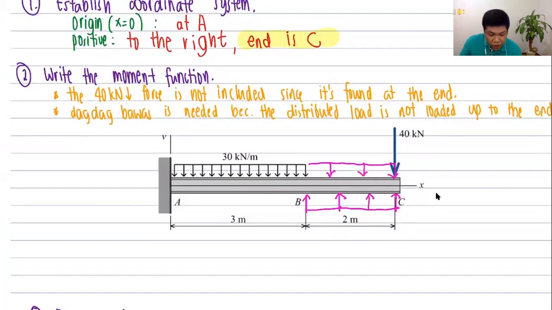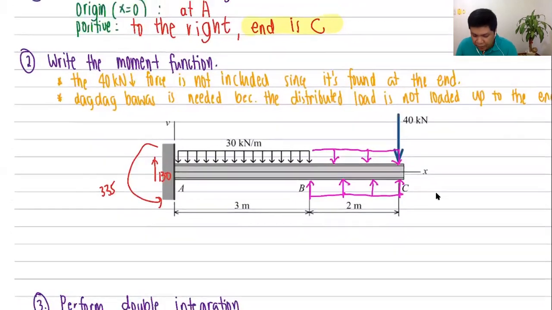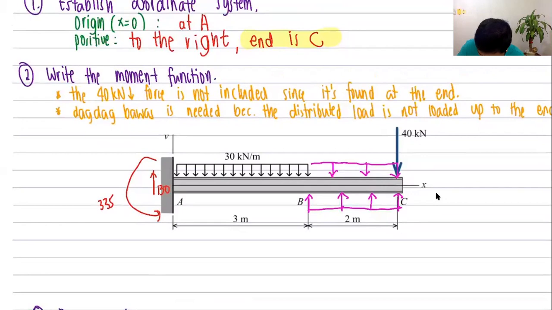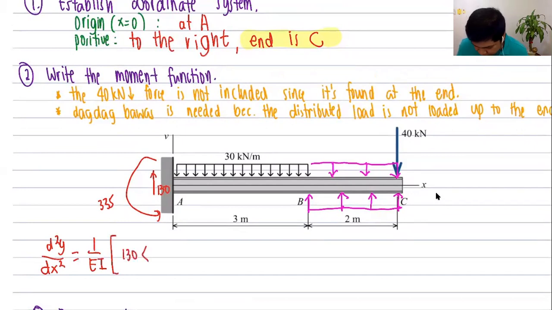So my moment function would be, by the way, I have 130 kilonewton force there, and I have a 335 kilonewton meter support reaction. So I can say that d squared y over dx squared is equivalent to 1 over EI times, let's start with the 130 kilonewton load, 130, positive because it's upward, times x minus 0 raised to 1.